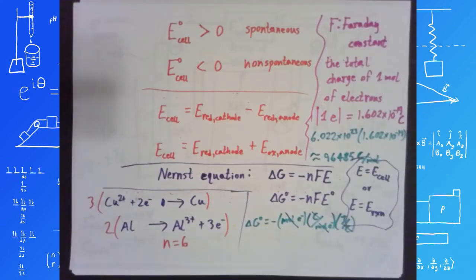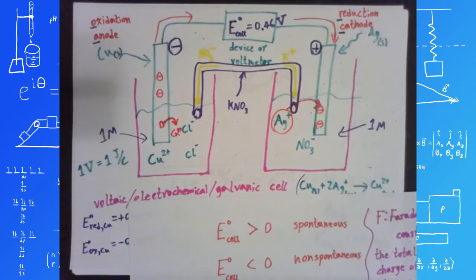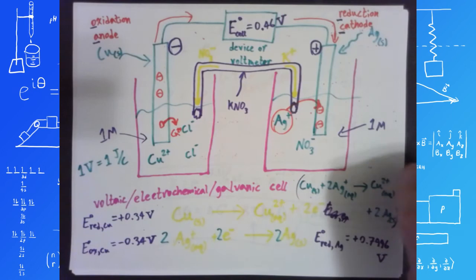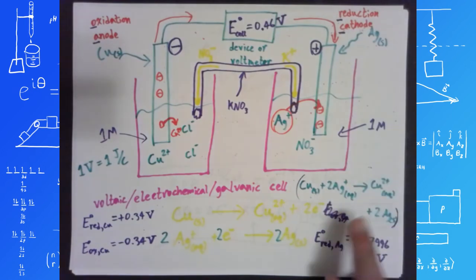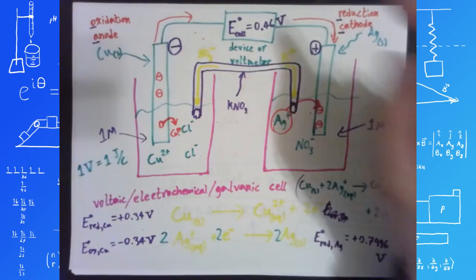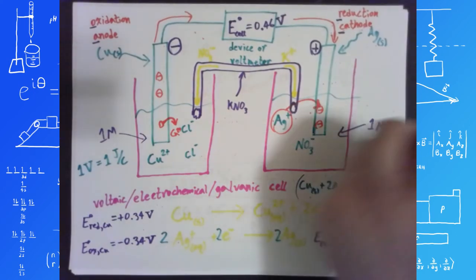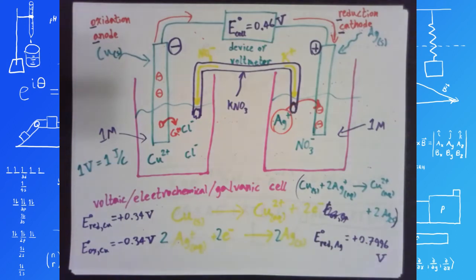But even without going through all that math, if this forward reaction is the spontaneous process, which it is because it results in a positive cell potential, then you already know increasing the reactants drives the reaction forward more, and since the forward reaction is spontaneous, driving it forward more just makes it more spontaneous, increases E cell, makes delta G more negative.